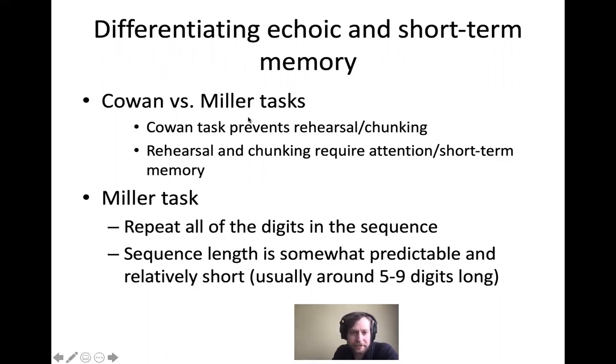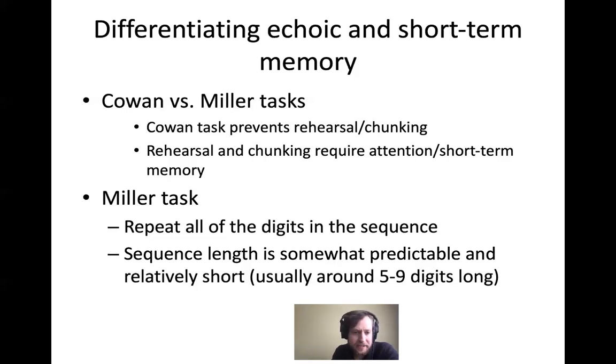Some of you might have heard in your intro psychology class about Miller's magic number 7 plus or minus 2, which is often thought to be the capacity of short-term memory.